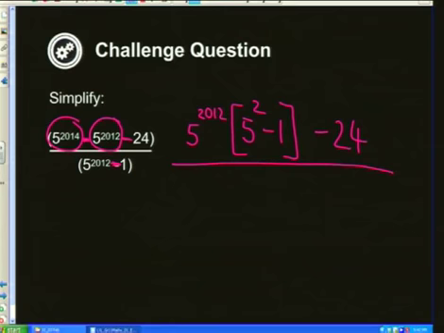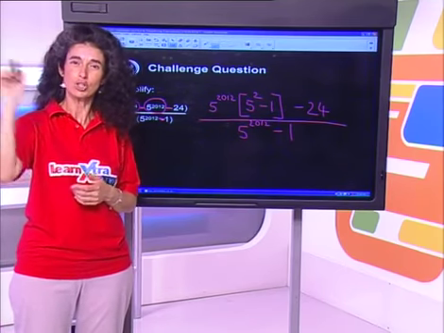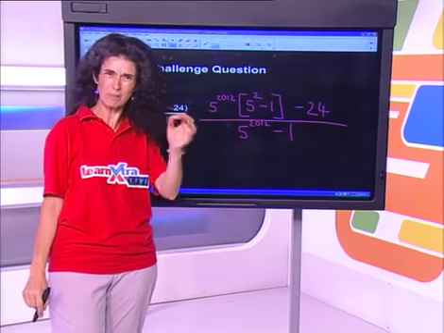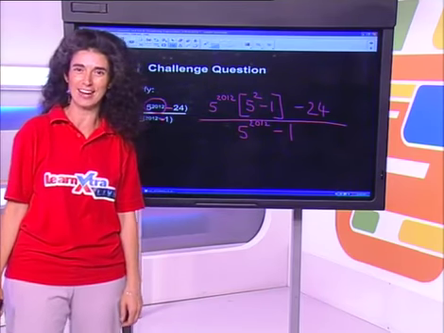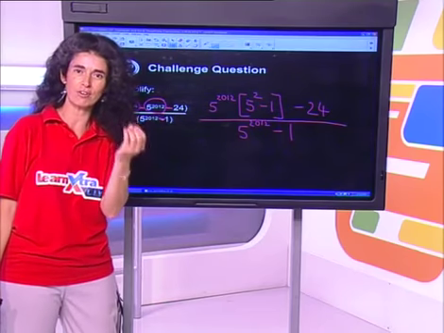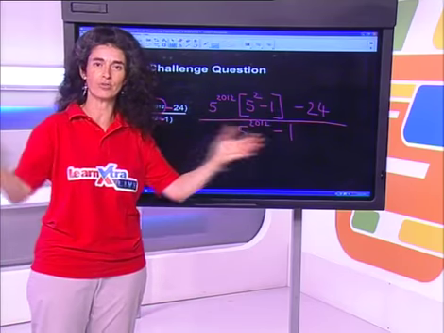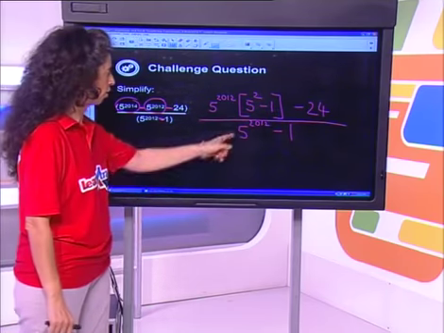And then I've got this 5 to the power of 2012 minus 1. Can you imagine if you had to sit and write 5 times 5 times 5, 2012 times? Can you imagine how long that would take you to write out? Aren't we just so special as mathematicians that we can have this very shorthand way of being able to write so many values in such a short space.